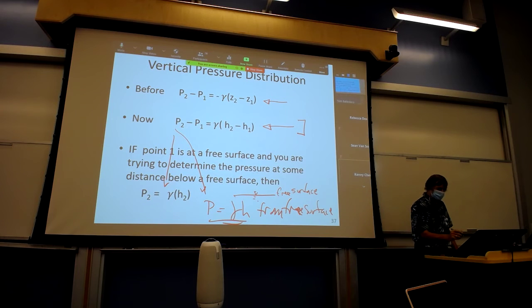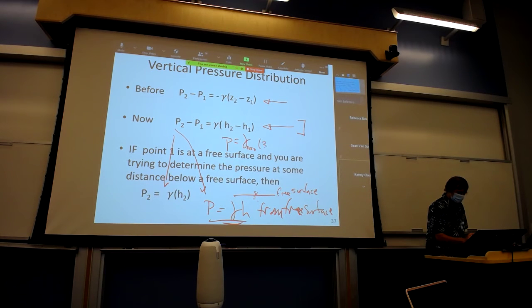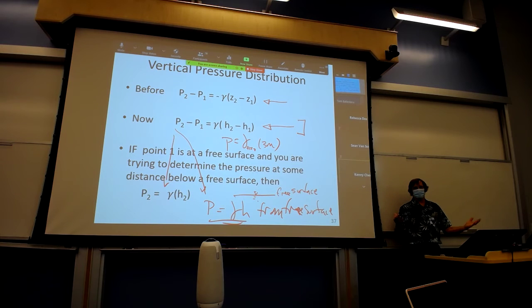So if you look at the first problem we did where we wanted to know the pressure 3 meters below the fluid surface, you would have just done that.